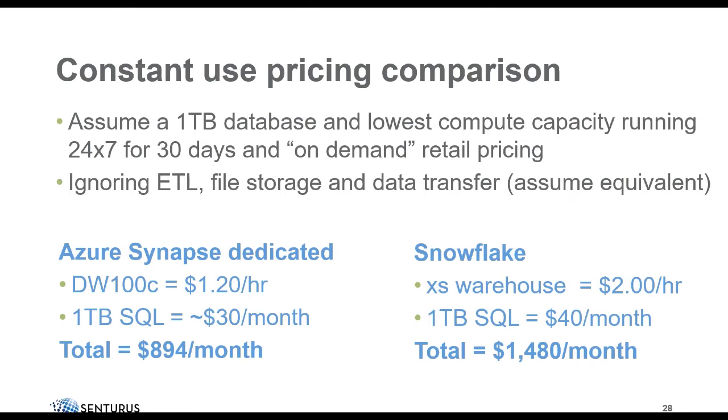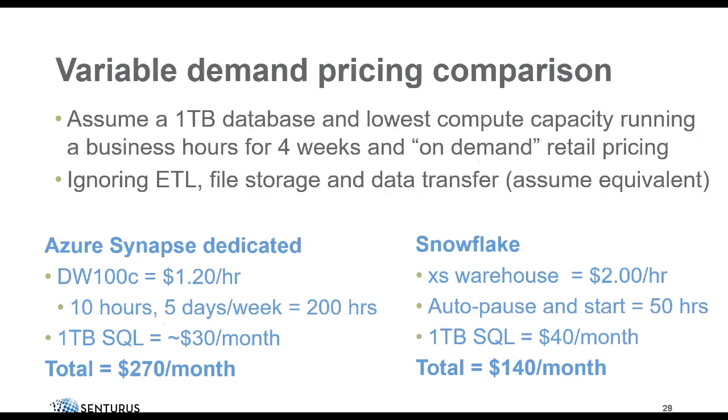You can argue fair or not fair based on so many factors here, but we tried to flip that on its head with the second example, where we showed more variable demand pricing. Using the auto start, auto pause feature in Snowflake can really save you a ton of hours. And then on the Azure Synapse side, maybe you're only running it during your business hours or something like that.